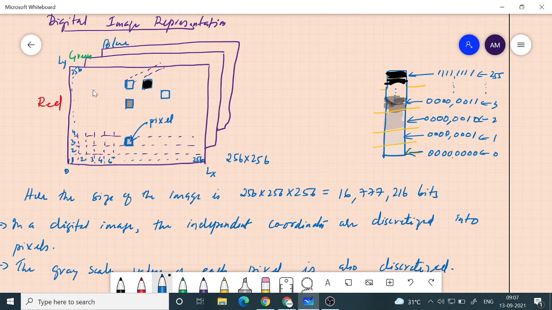But you can always increase the pixel count. That's what a better camera would do, because if you magnify an image and you still want clarity, then the only way possible is to increase the pixels by which this image is represented. So instead of 256, if you go to, say, 1024, you have a better image. Then you have 1024 by 1024.